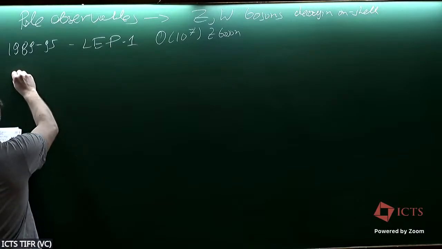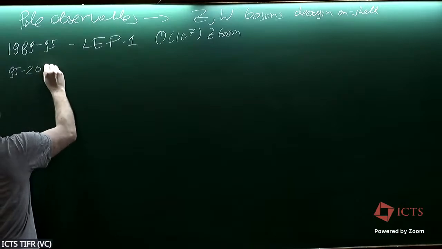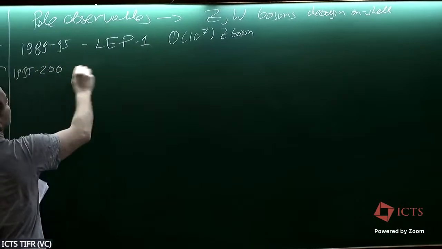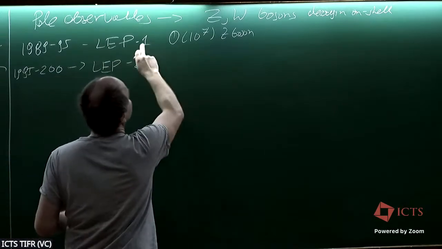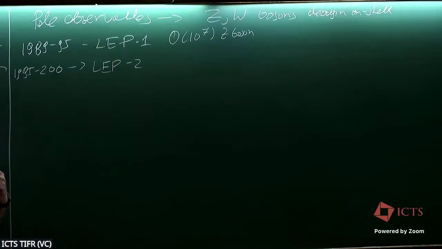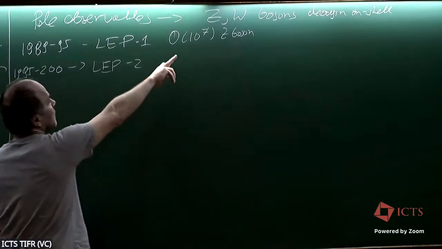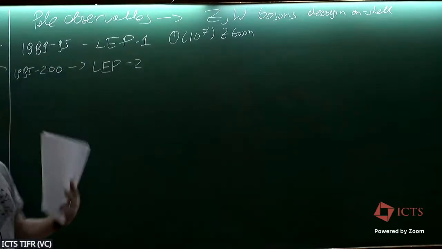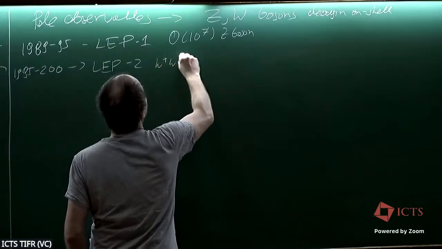Then there was a second phase of this LEP, called LEP 2. It was running e+e-, with the center-of-mass energy tuned to the Z boson mass. Then the center-of-mass energy was increased, and this collider could also produce W+W- pairs.